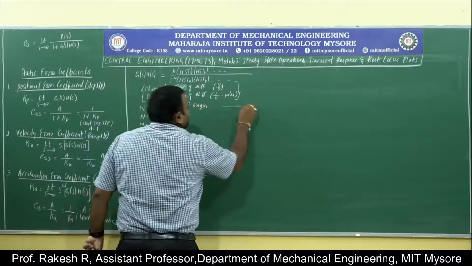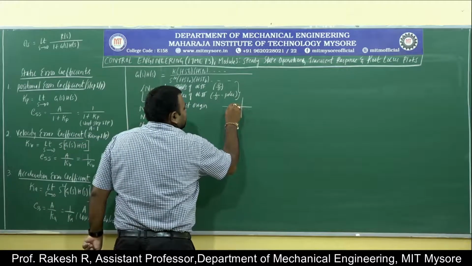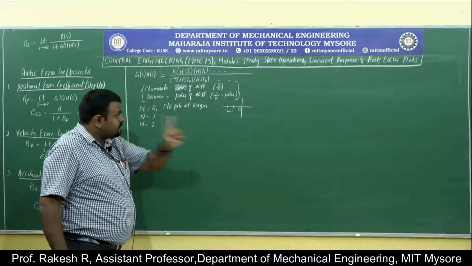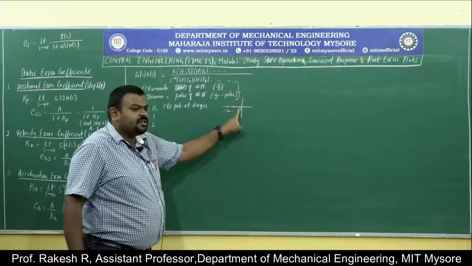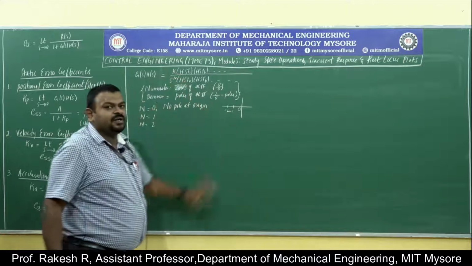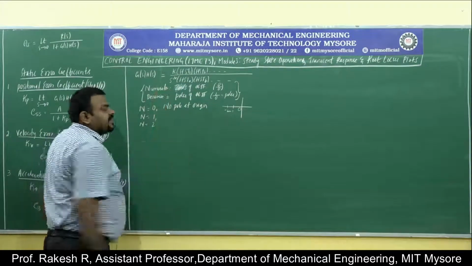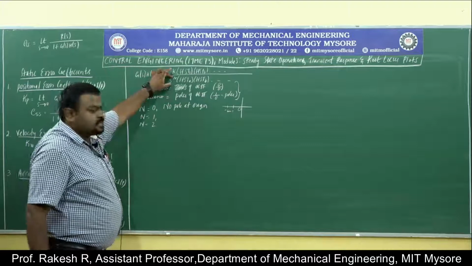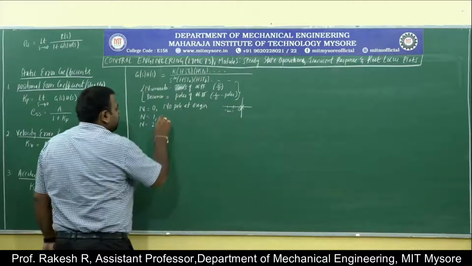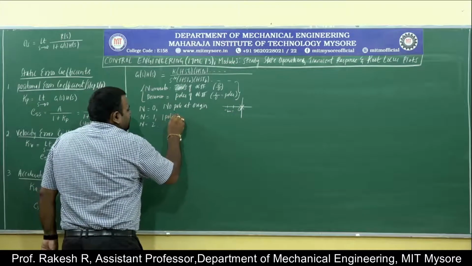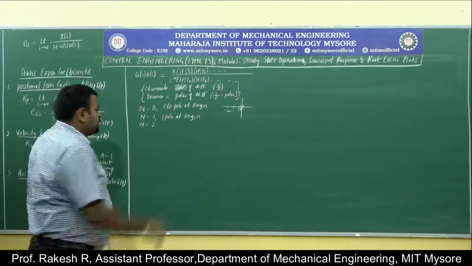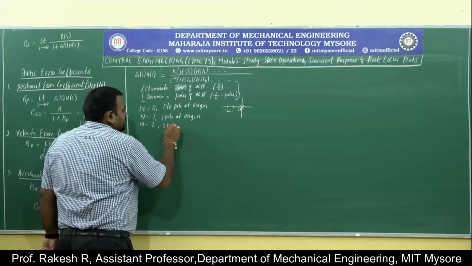If you plot the graph, this is s equal to 0, then 1, minus 2, and so on. If s is equal to 0, there is a pole at origin. If there is no s term in the denominator, there is no pole at origin. n equal to 1 indicates there is an s term, which means there is one pole at origin. n equal to 2 indicates there are two poles at origin.